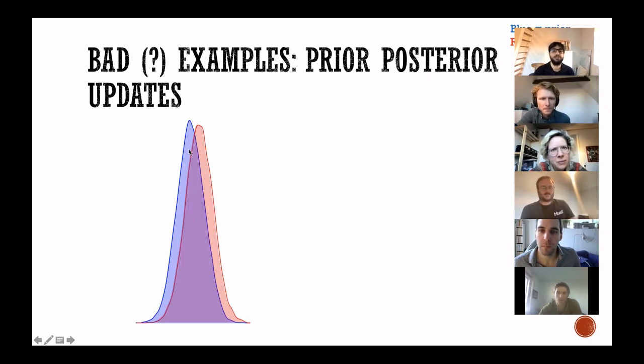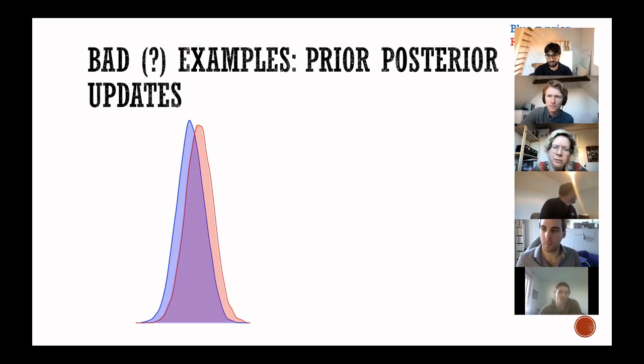Yes. So here we have an example where the posterior hasn't learned a lot from the data. It's basically just as confident as the prior, and it has had a hard time moving away from the prior. It's pushing at the right boundary.